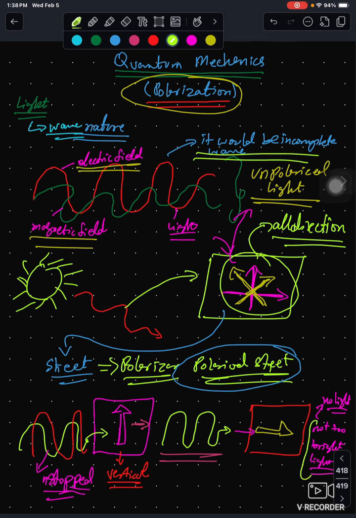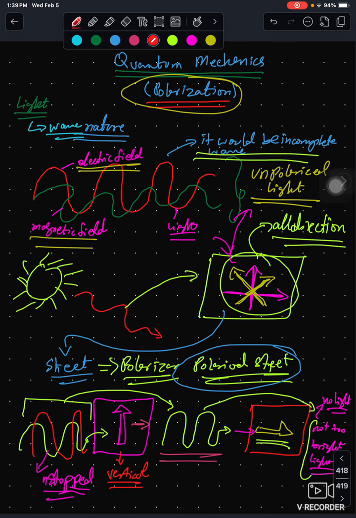Here we made light polarized from this to this, and from here it became nothing. Horizontal polarization means the vertical part will be stopped.